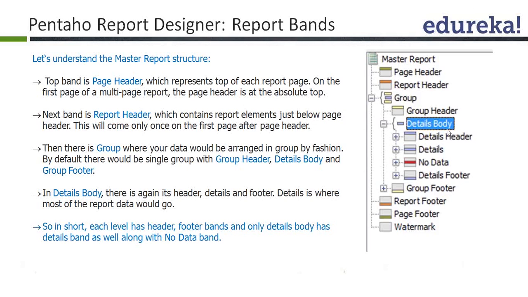This is common for each default element: page, report, group and details. These four elements will have a header and footer. So there are page header, page footer, report header, report footer, group header, group footer, and details header, details footer.